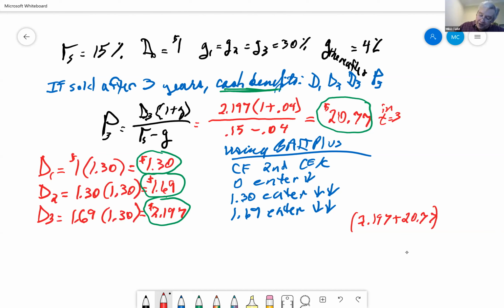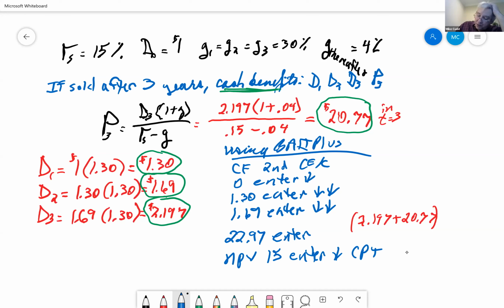So that would be 22.97, I believe. You check that again, just double check. Then go to NPV. It prompts you for your discount rate, which is 15. And enter, down arrow, and compute.